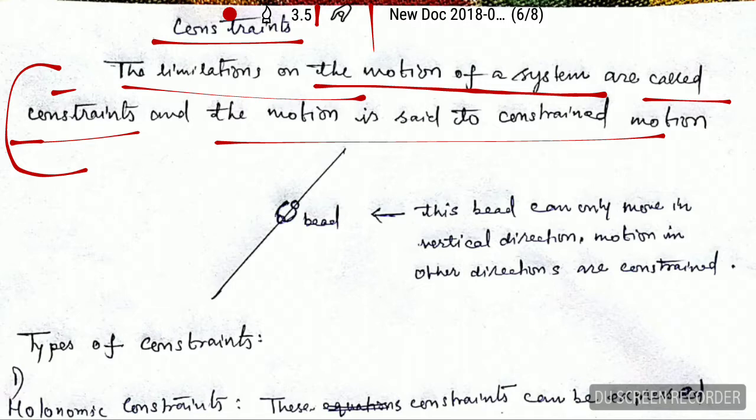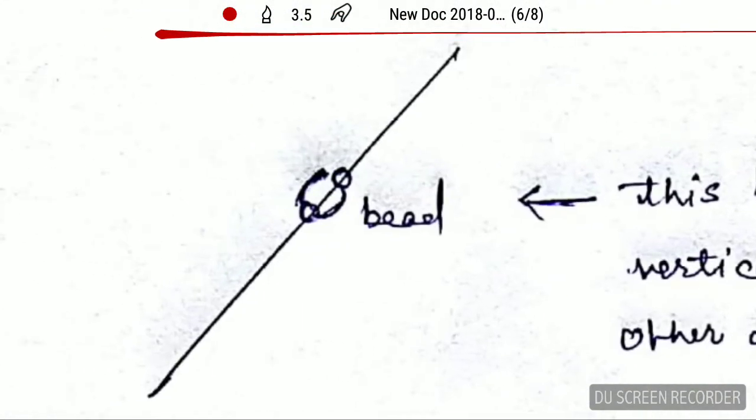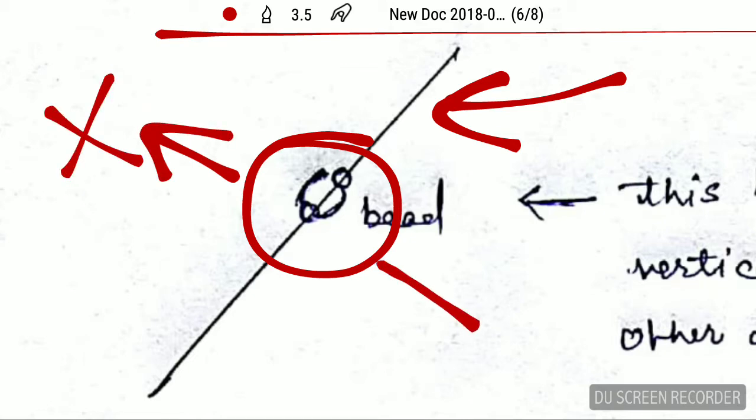Let's take the example. This is a very good example. You can see that this is the bead and this is the wire. Now the bead can only move along the wire. The bead cannot go in this direction and cannot go in this direction. So the motion of the bead is now limited to the straight path only.